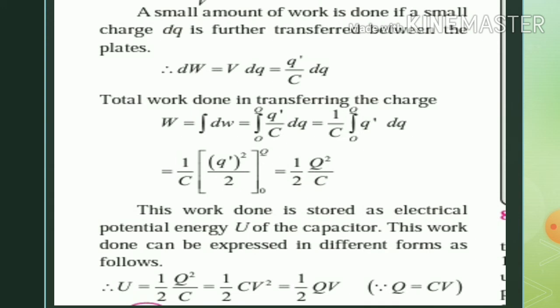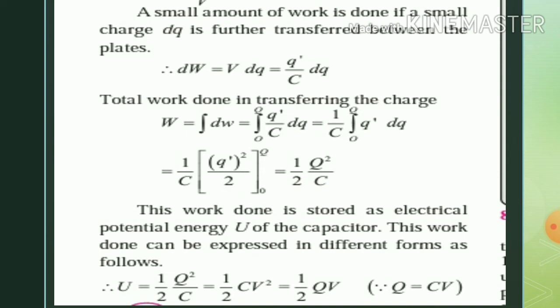Then rearrange this equation. Then we can write W, that is total work done, W equals 1/2 Q square upon C. This work done is stored as the electrical potential energy U of the capacitor or condenser.